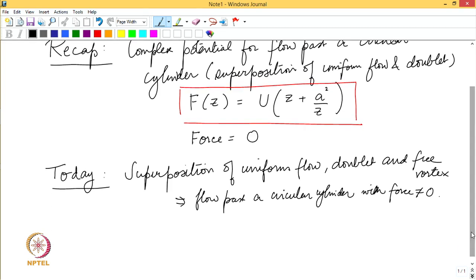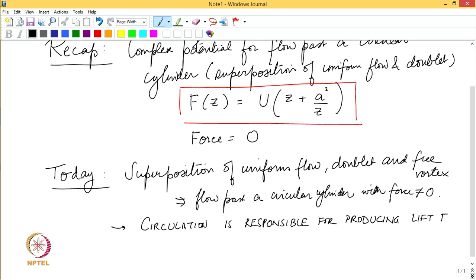More importantly, we will show that it is the circulation which produces a lift force. So, we will see in this case that circulation is responsible for producing a lift force. Eventually, we will prove it.